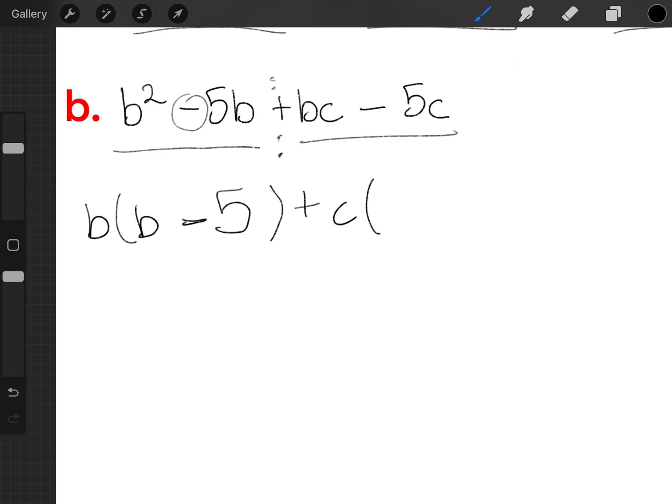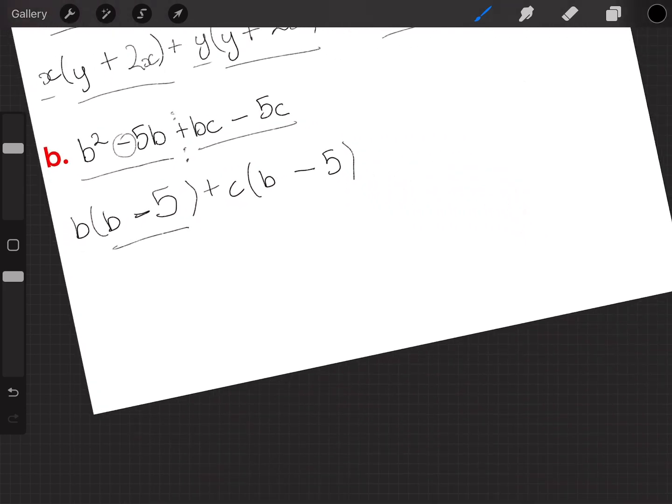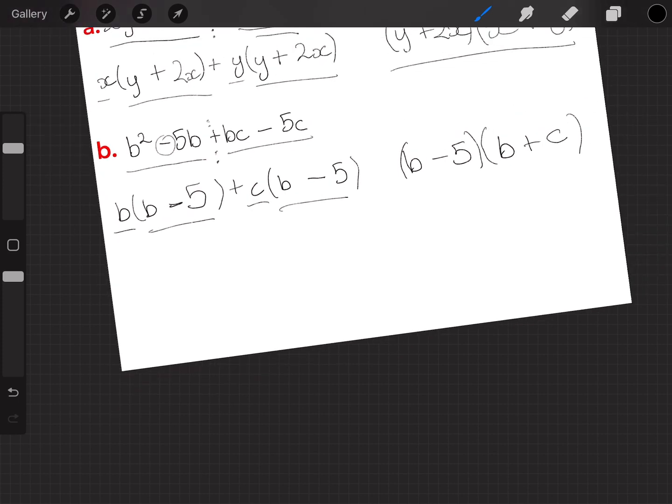So brackets next to the c, and then b in the middle, because b times c equals bc. And then minus 5, because minus 5 times c equals negative 5c, so let's add 5. And the two expressions that are the same go in their own bracket, so b minus 5, and then another bracket next to that with b plus c, because those are two extra ones.